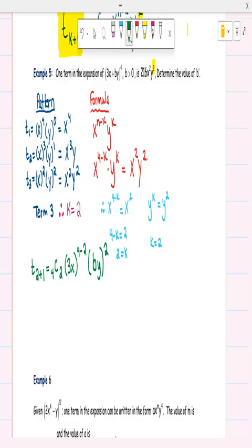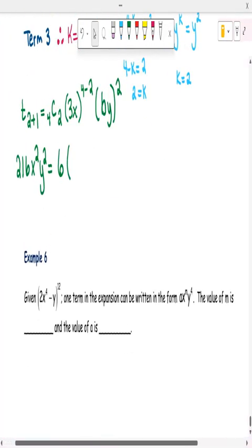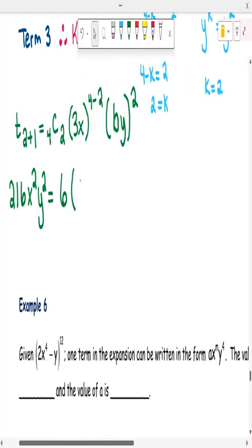All right, so then term 3 we know is, so I can replace that by 216 x squared y squared equals, did anybody type in 4 choose 2? Good. So 6, and then 3x, and then 4 minus 2 is 2, so 3x all squared is 9x squared.